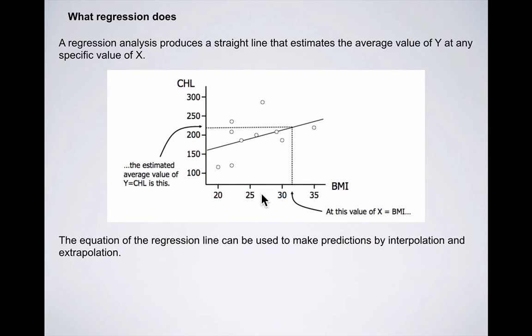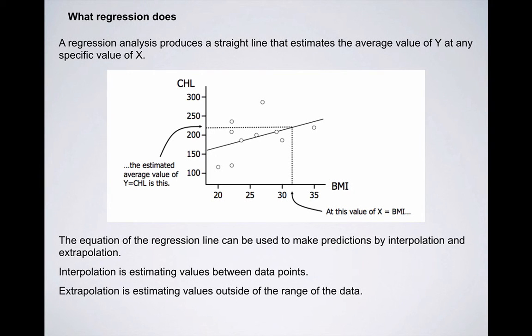The regression line equation can be used to make predictions by interpolation, which is what I just did there, and extrapolation. Interpolation is estimating the values between the data points, and extrapolation is estimating values that are outside the range of the data.